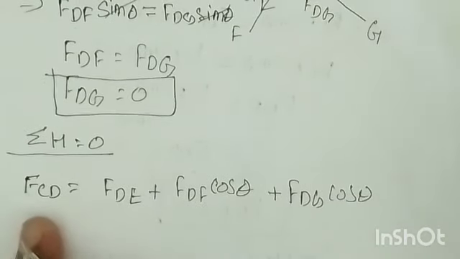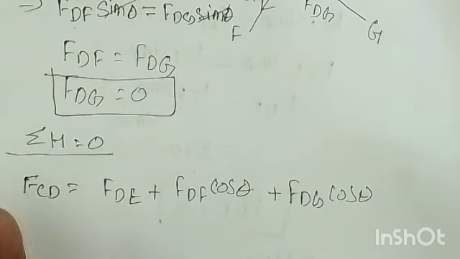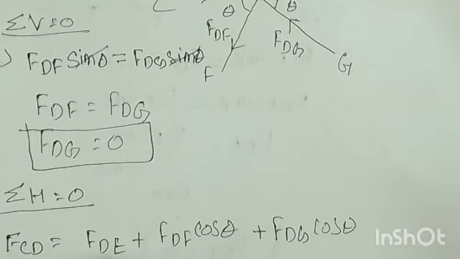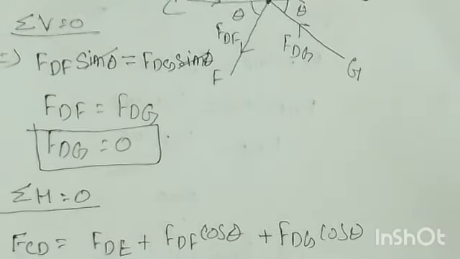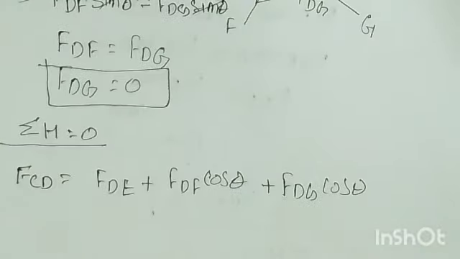So FCD we have calculated, right. FDE is equal to, FDF and FDG are given, so we can substitute the values and get the horizontal forces, right. Wait, let me check this value.